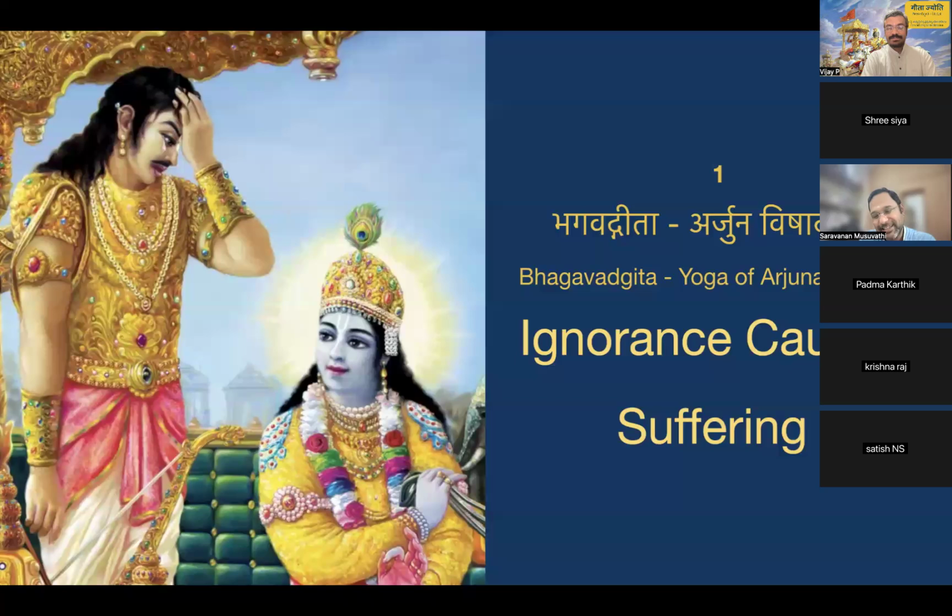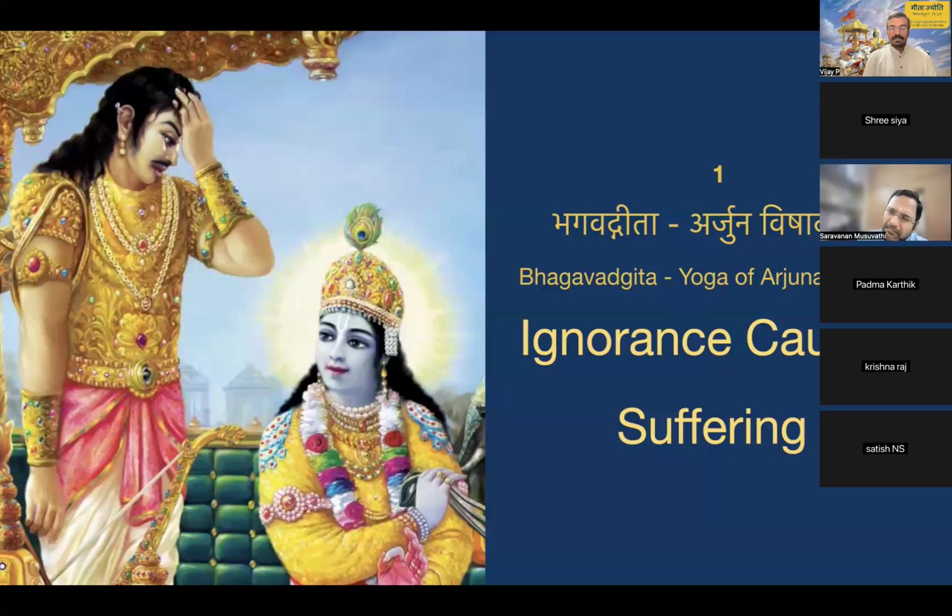Okay, so this chapter is Arjuna Vishada Yoga. Here, more than talking about Arjuna, I think we are the Arjuna. All of us are Arjuna in that sense. There is a lot of vishada in our lives. How I connect is that Arjuna is me and Krishna is also within me.